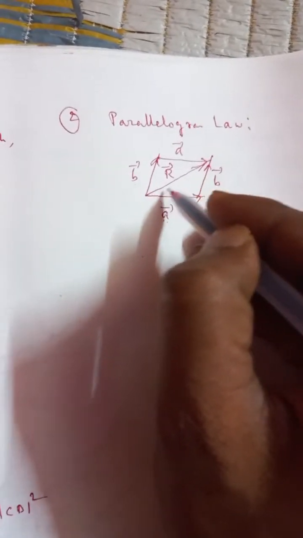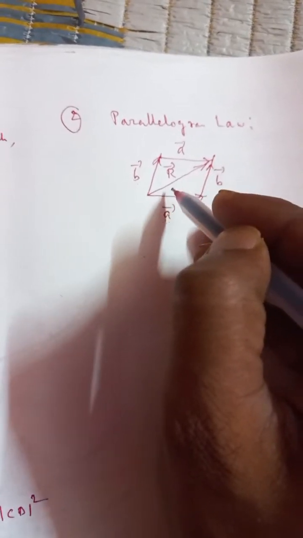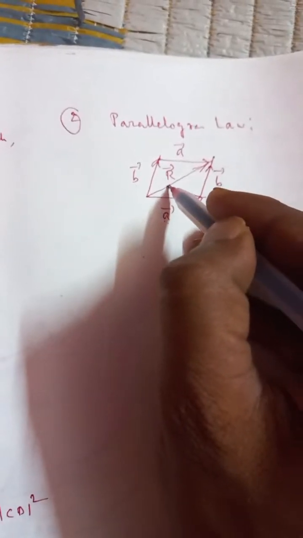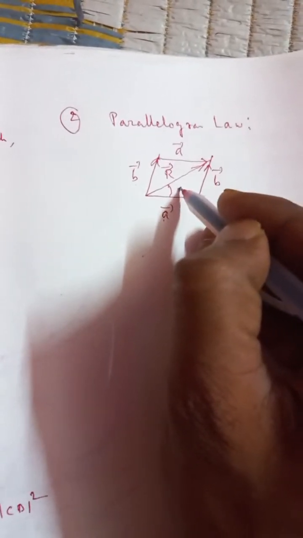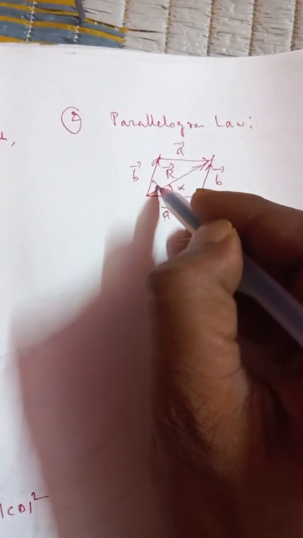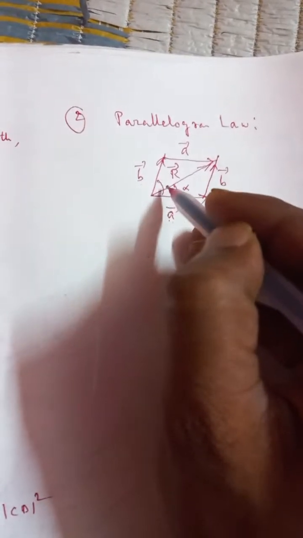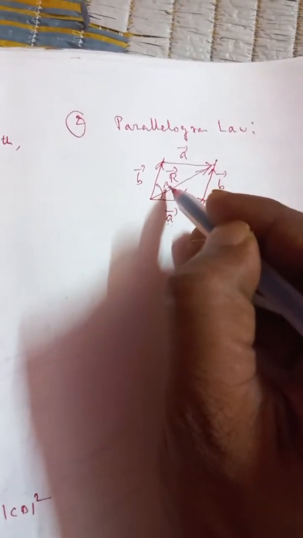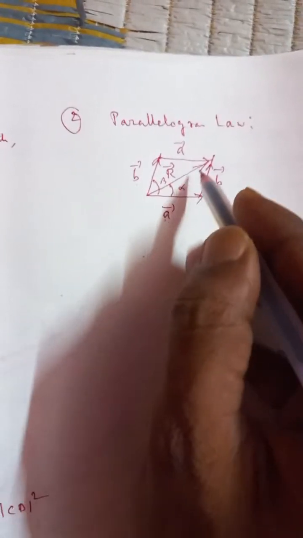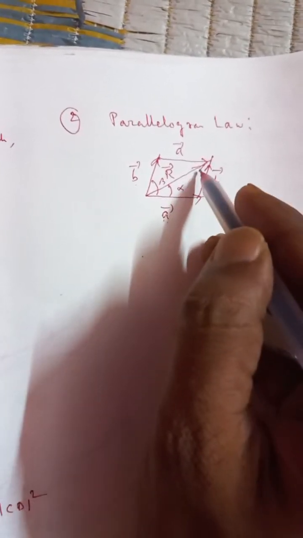So here is how we can find out the resultant vector's magnitude and direction. Here we take angle alpha, and the angle between the two vectors is beta. Then the resultant vector magnitude will be the same as in the triangle law.